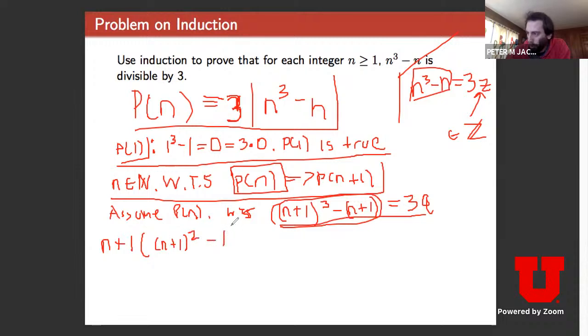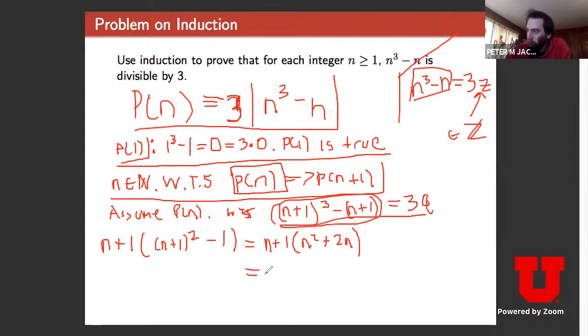minus 1. Okay, so we're not quite done yet because we need something that has an n cubed and a minus n. So let's keep simplifying. This is n plus 1 times n squared plus 2n plus 1, and then we subtract 1, so the 1 cancels. Still we don't have an n cubed or a minus n, so let's keep going.